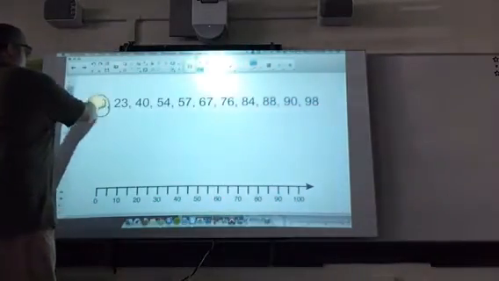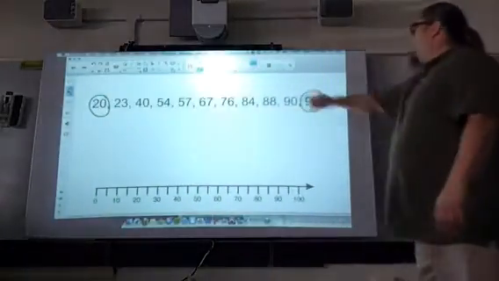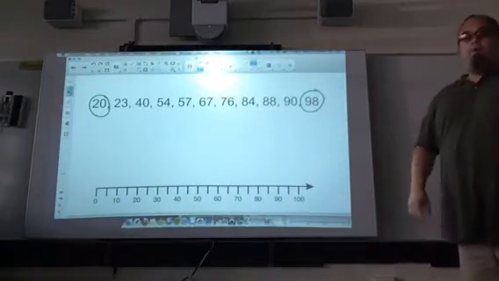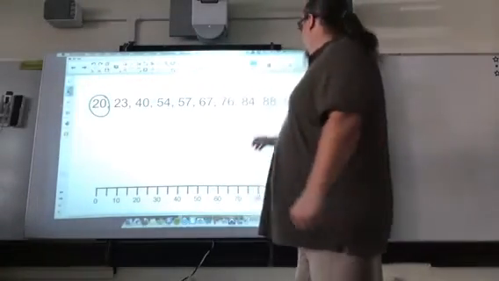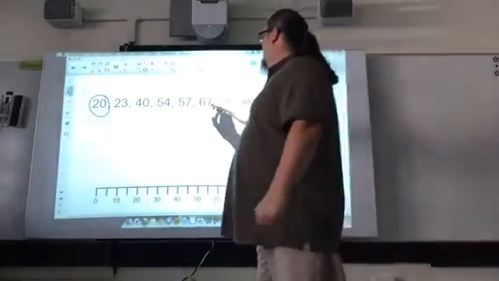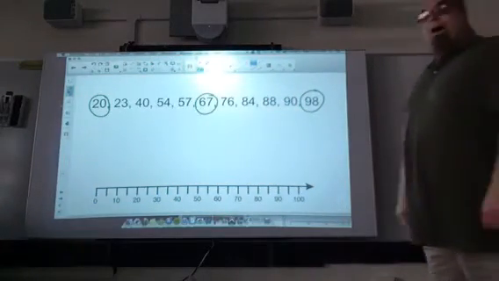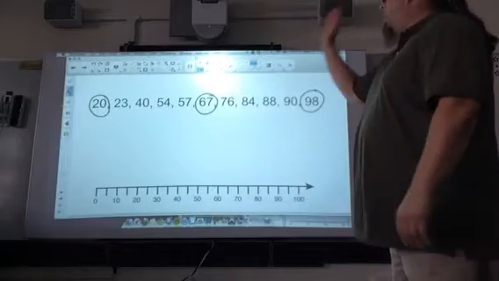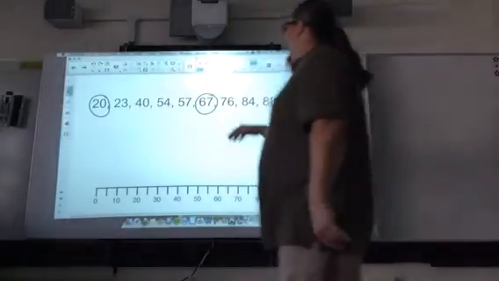Now, what you want to do after you have them in order is start circling. The lower extreme is the smallest number. The biggest number is the upper extreme. Now the middle number, let's see, should be that. That's your median, right? Because there's 1 number in the middle, I'm not going to include it in my halves.